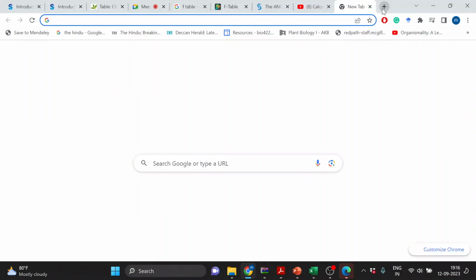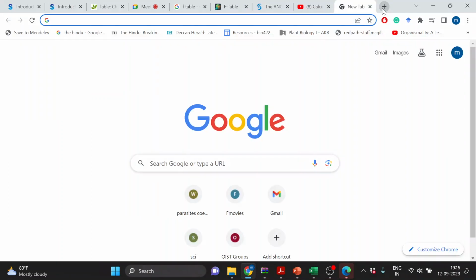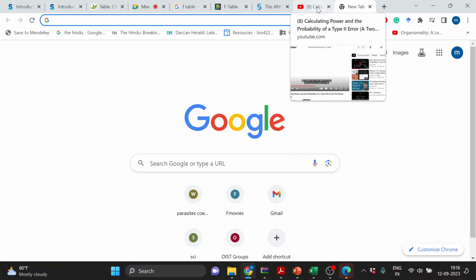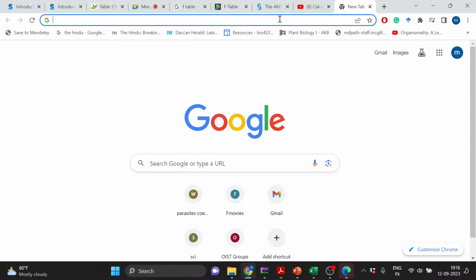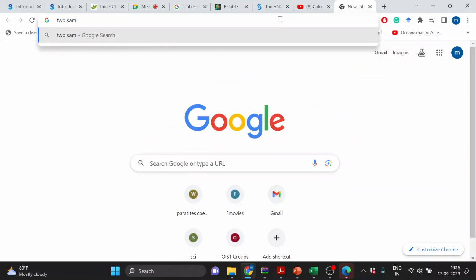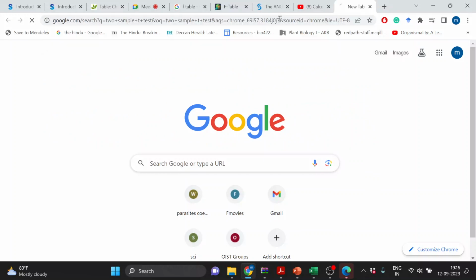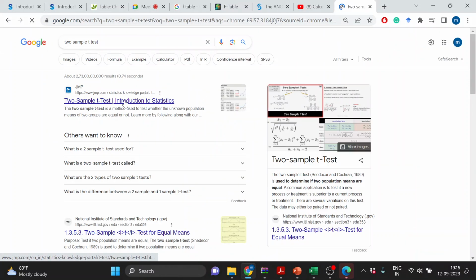So it's mean 1 minus mean 2 divided by the root of S1 square by n plus S2 square by n, okay. So we'll do a 2-sample t-test. There are online calculators for this, but in the exam you'll have to work it out, okay.